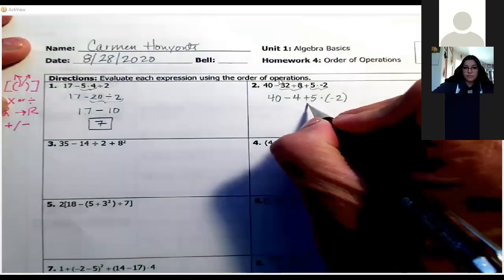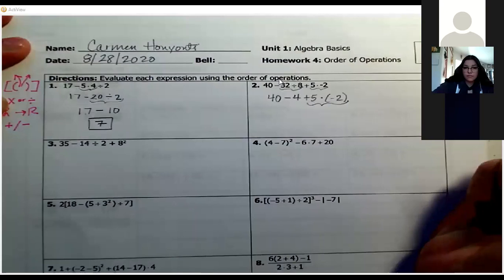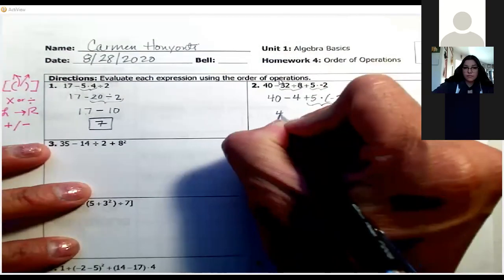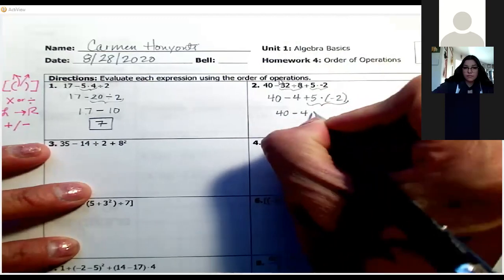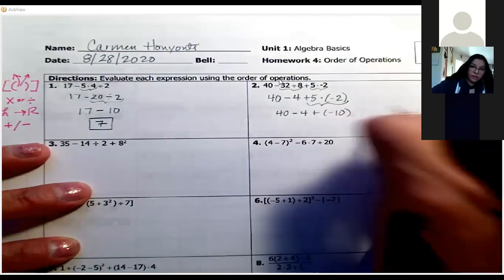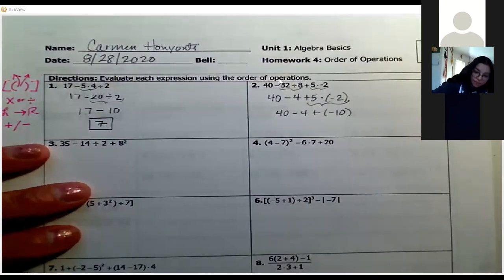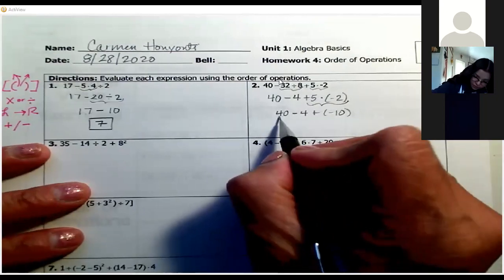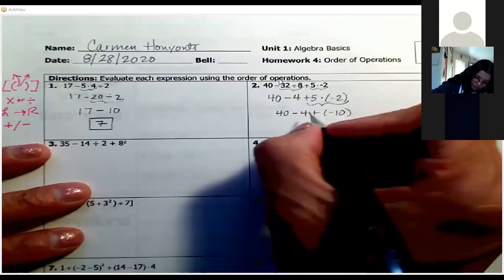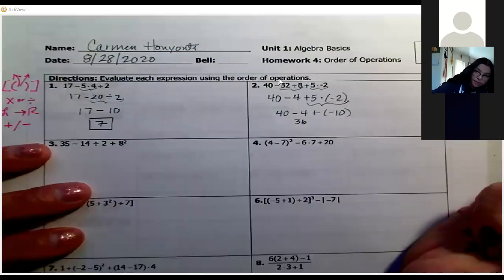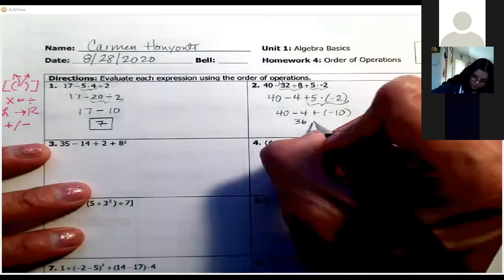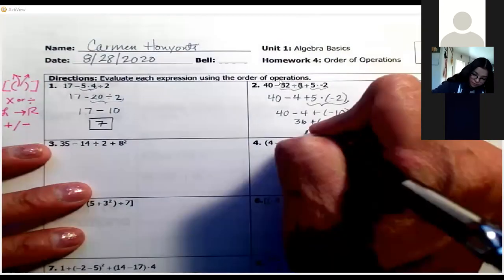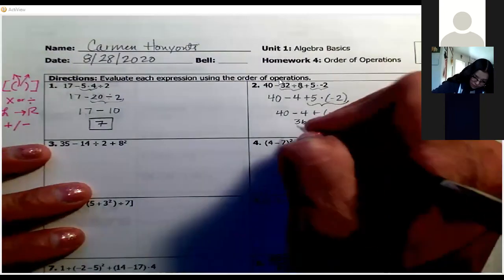Then we have to take care of this multiplication. So 40 minus 4 plus negative 10. Now we're going to go from left to right. So 40 minus 4 is going to be 36. 36 plus negative 10 is going to be 26. And this is my answer.